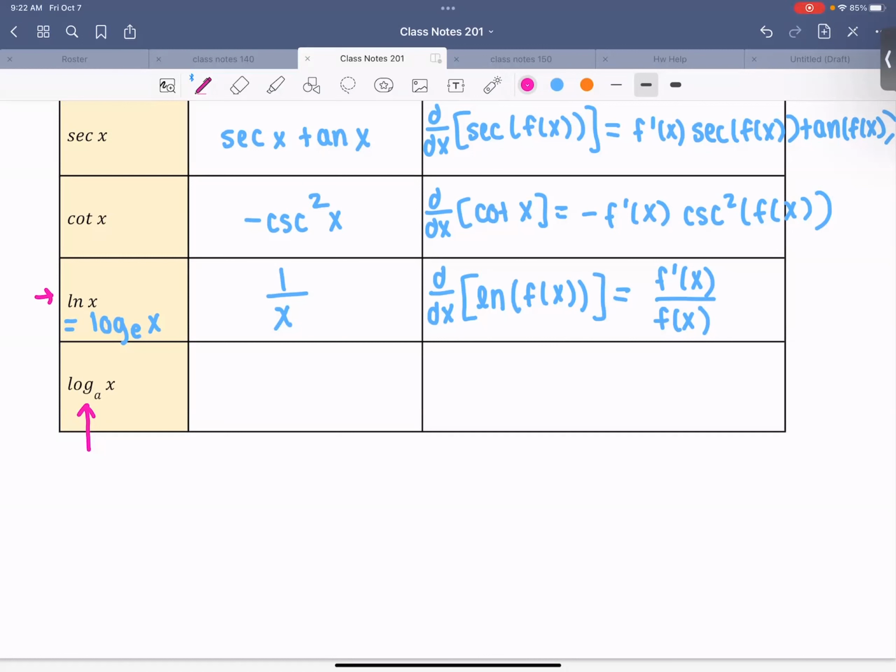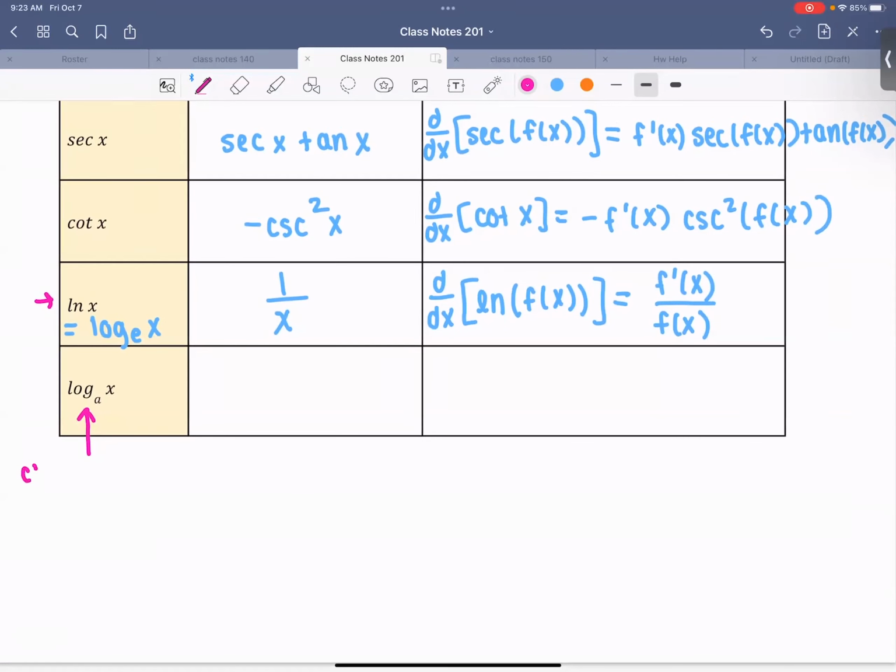Does the change of base formula ring a bell to anyone? I normally don't even teach this to my pre-calc class, but there is this thing called a change of base formula. Whenever we have log base a of x, we can always change that.